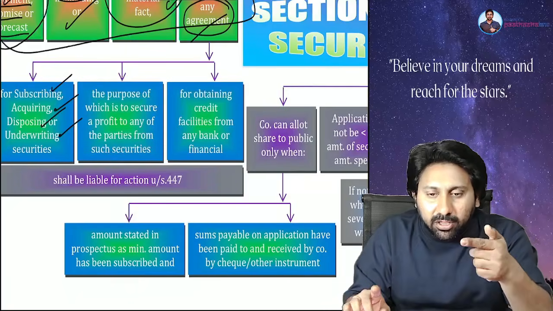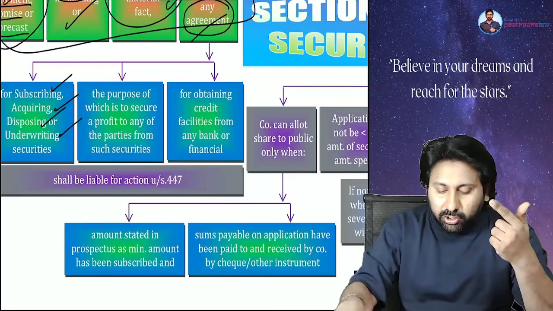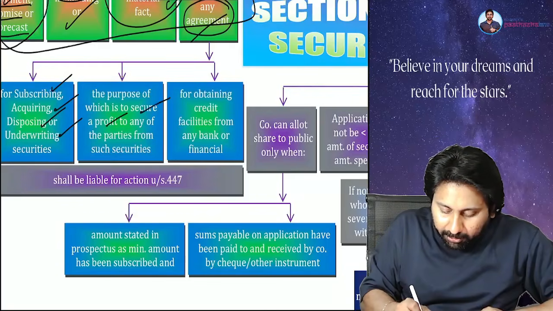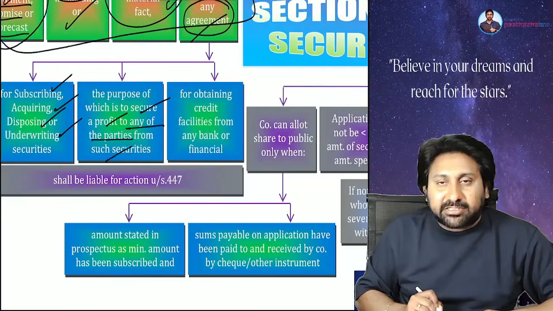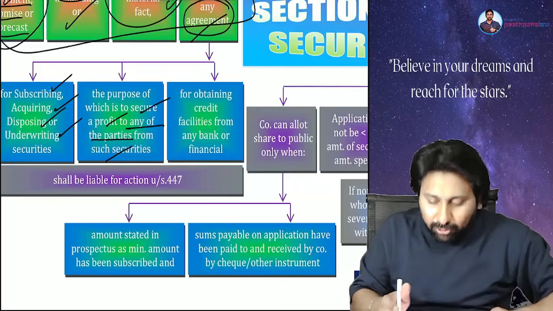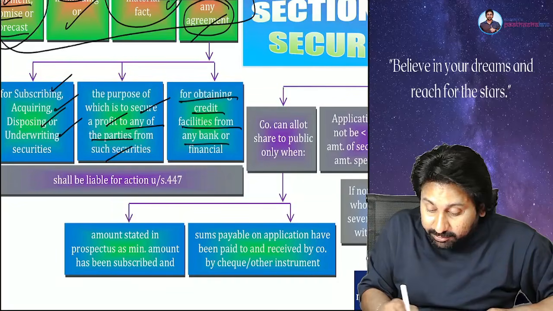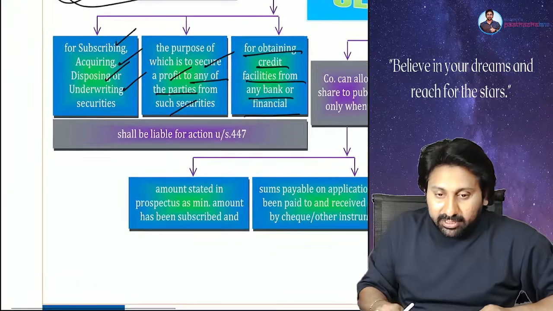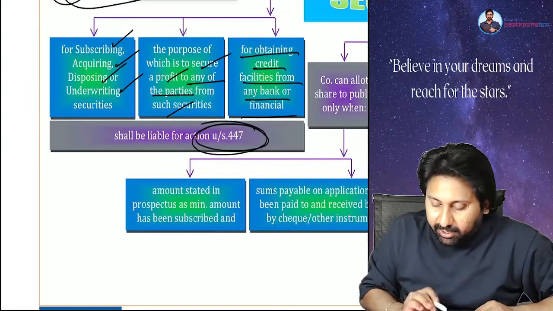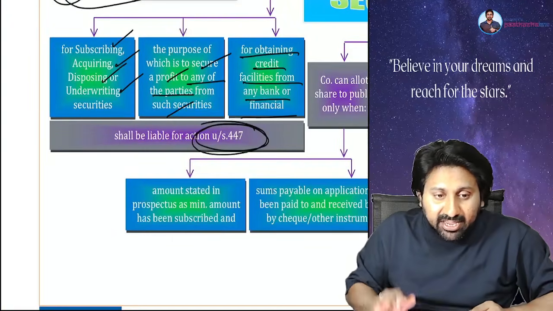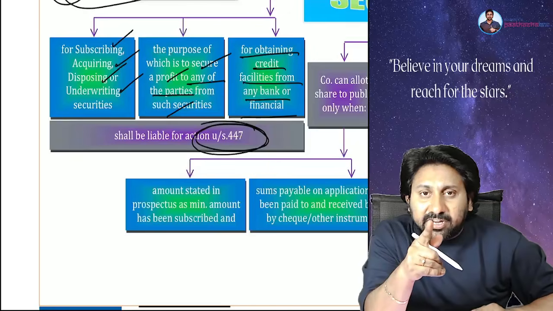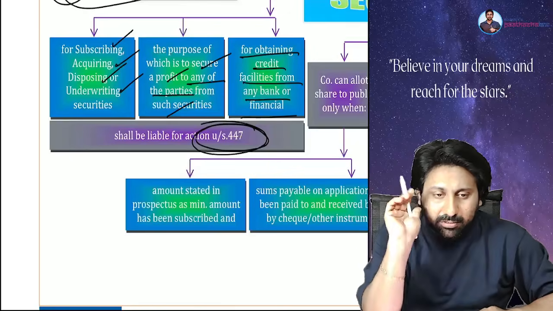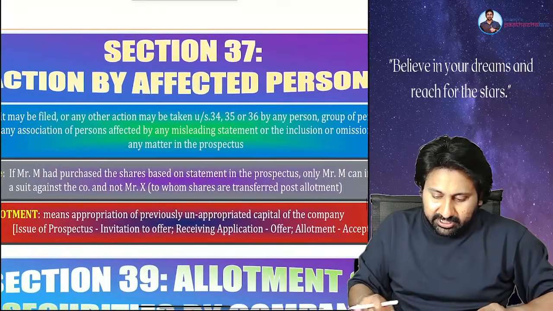What will be booked? Only profits will be booked. So therefore, securing any profit to any of the parties from such securities, or third one, bank loans, obtaining credit facilities from any bank, then they will be liable under section number 447. Everyone understood the intensity of section number 36 or not? Next, 37.